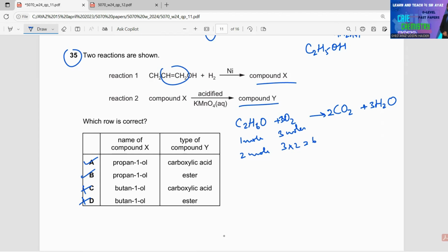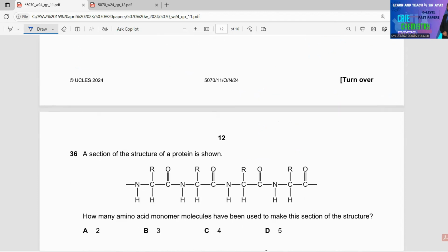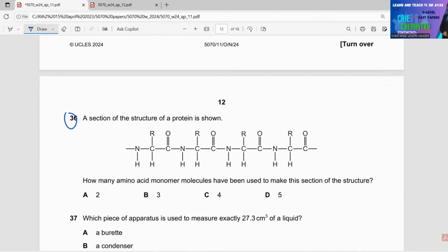What about compound Y? Now, when alcohols are reacted with acidified KMnO4, you will get the oxidized product which is carboxylic acid. So in this case, A must be the right answer. Moving to the next question, which is 36. A section of the structure of a protein is shown. How many amino acid monomer molecules have been used to make this section of the structure?